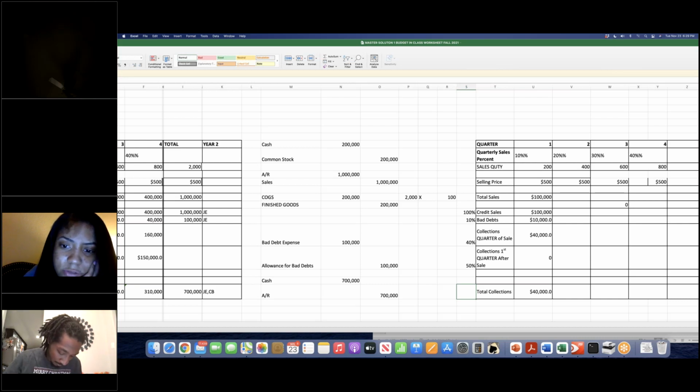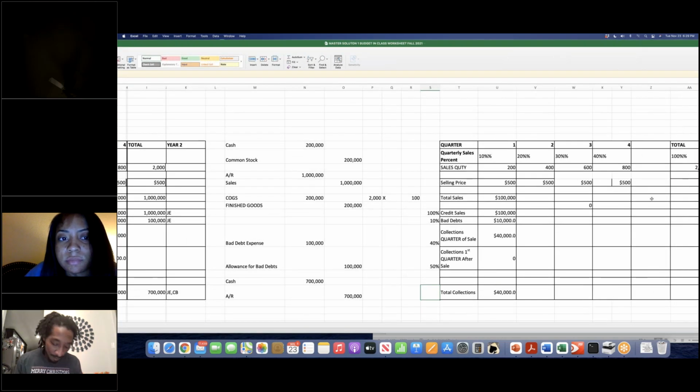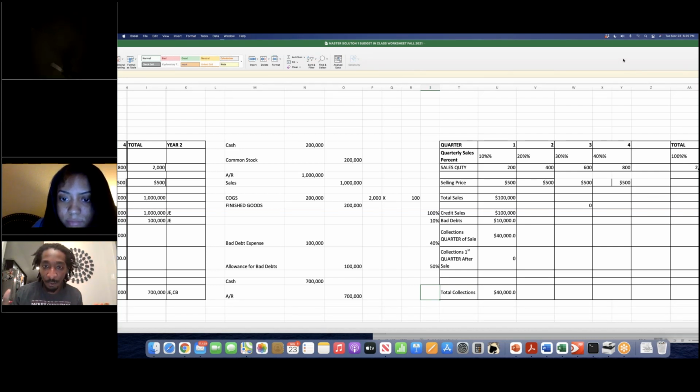Where are you getting 80 from? 80 is from the 200,000, 40% of the 200,000. Then you add the 50,000 to the 80,000 and you get 130, collected in quarter two.